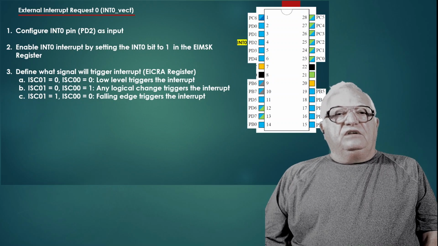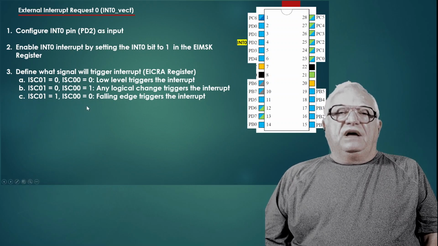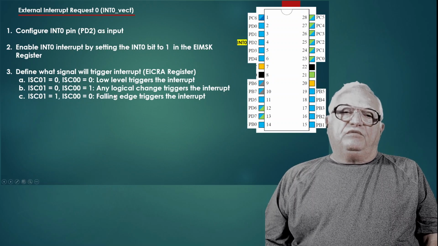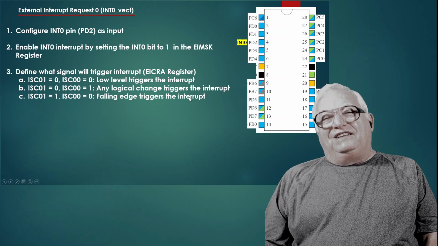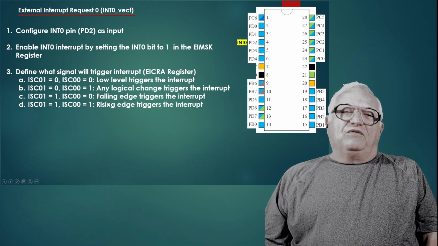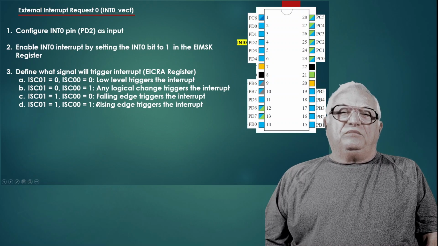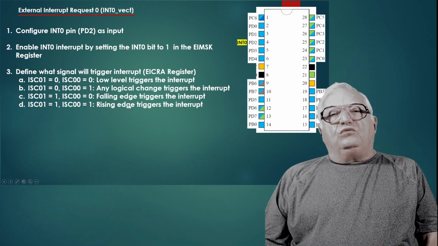And finally, we can trigger the interrupt by a falling edge, which means going from high to low. Then we can also configure the interrupt to be triggered by a rising edge. That means that we go from low to high.